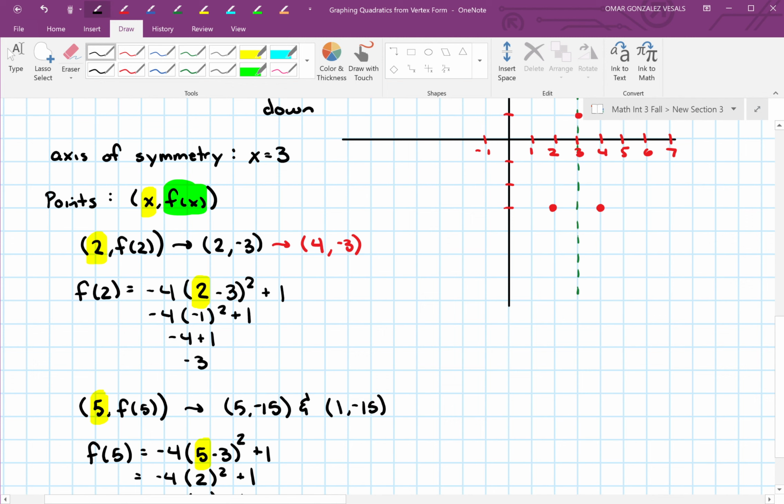So I'm not going to get accurate with this just because I don't want to go down 15 times. So I'll just put it right here: (1, -15), and this one is (5, -15). Okay, and then you can draw your graph.